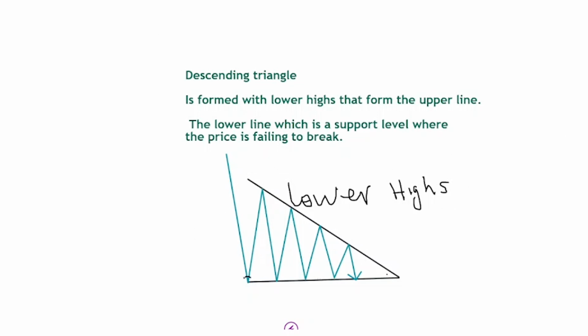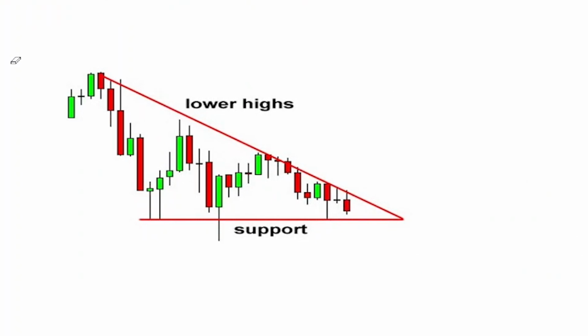This is a support zone with multiple rejections from the downside, which makes this a formation of a descending triangle. These are lower highs, lower highs, lower highs, rejecting from the resistance trend line, and even from the downside we are creating equal lows, rejecting from the support area.